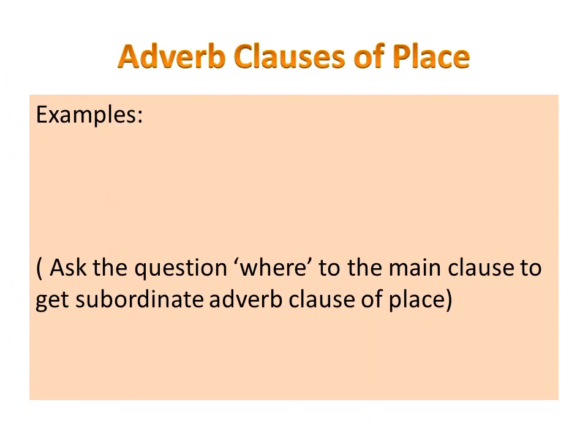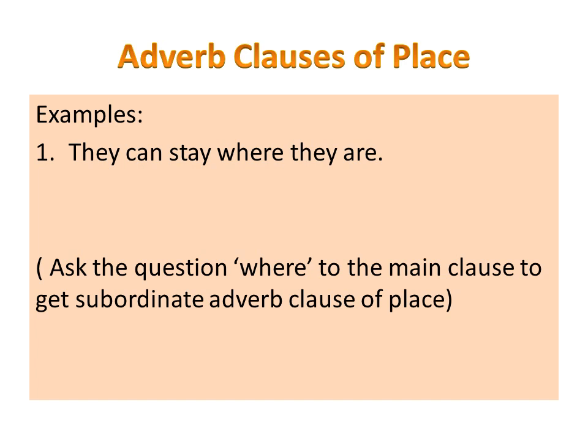Let us understand adverb clause of place. They can stay where they are. Identify the subordinate conjunction here. Yes, correct. Where is the subordinate conjunction. Now which part is making complete meaning on its own?